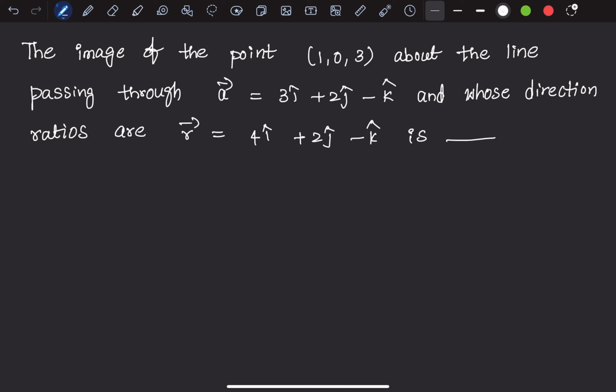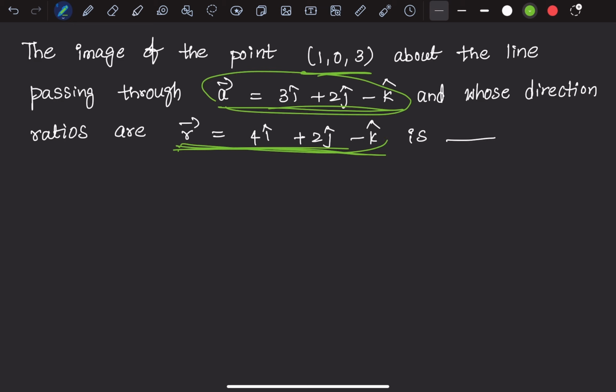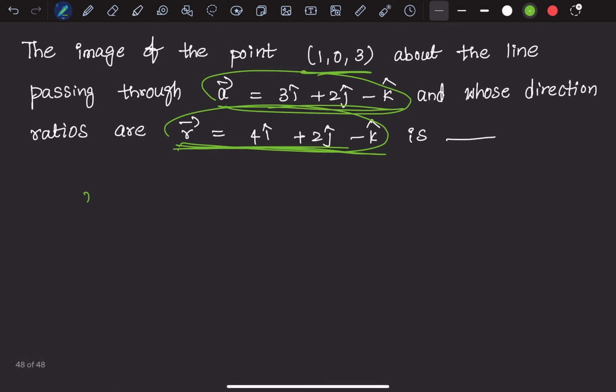So let us move to the next question. In this question, we have to find the image of this particular point in the line which passes through this point and has the drs as this particular r bar. So we have a point and we have the drs, so we can easily write the equation of the line. So x minus 3 is equals to y minus 2, since it passes through that point, is equal to z plus 1 divided by the drs will be 4, 2 and minus 1.